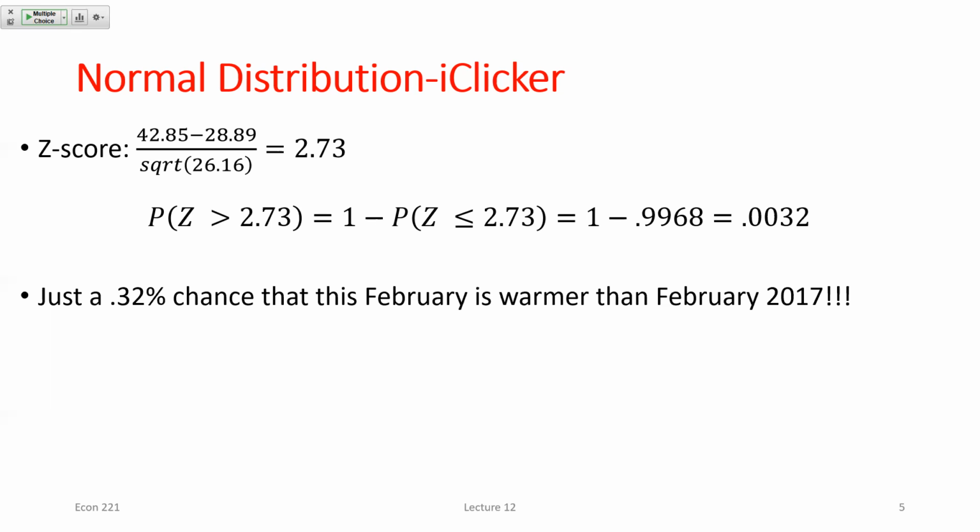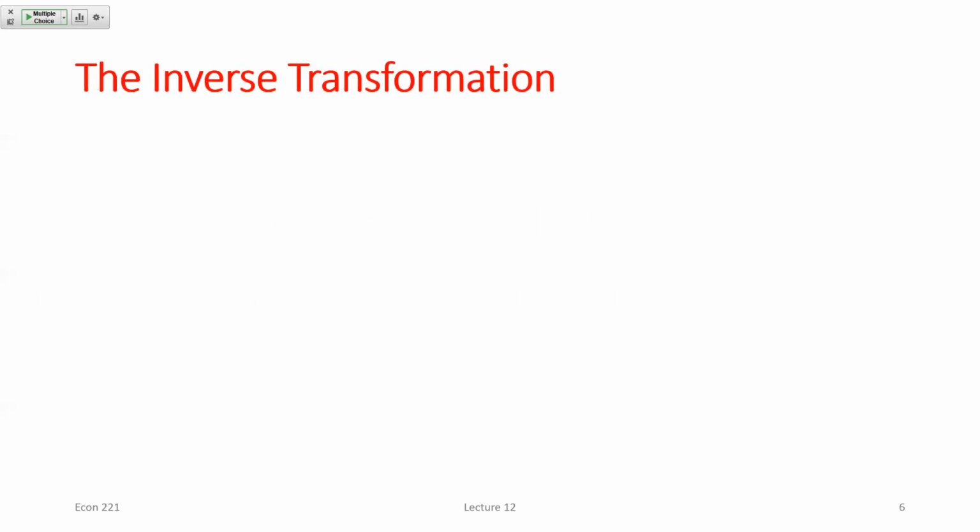It's actually about a 0.32% chance, based off of the historical data. You could do things like this, kind of interesting. These weather examples are a little bit trivial. I say trivial though, but depending on what industry you're in, the probability of seeing temperatures this high in February might greatly affect your business, right? So you can see how that might be.